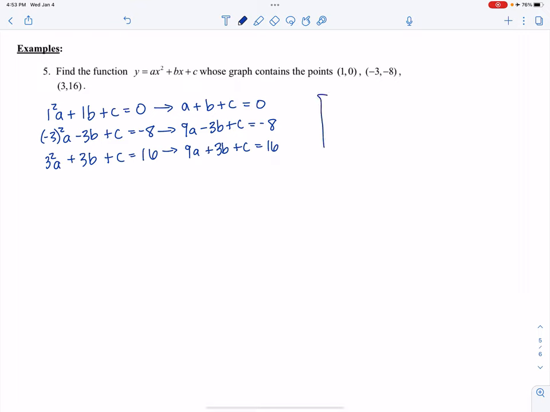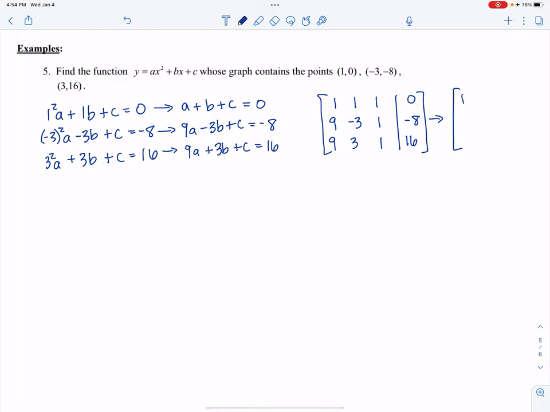So as a matrix, we have 1, 1, 1, 0, 9, -3, 1, -8, 9, 3, 1, 16. Let's take a negative version of the second row and add it to the third row to eliminate those 9s, or the third row 9.